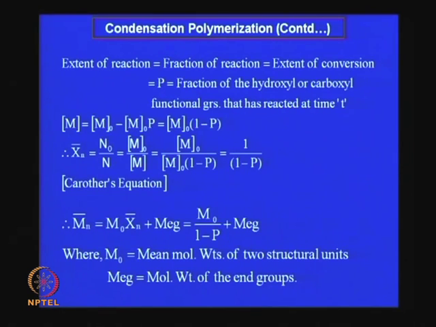Sir, what is the parameter which decides the different chain length polymer molecules? That's a very good question. He is asking which parameters are responsible for leading to molecules of different sizes.